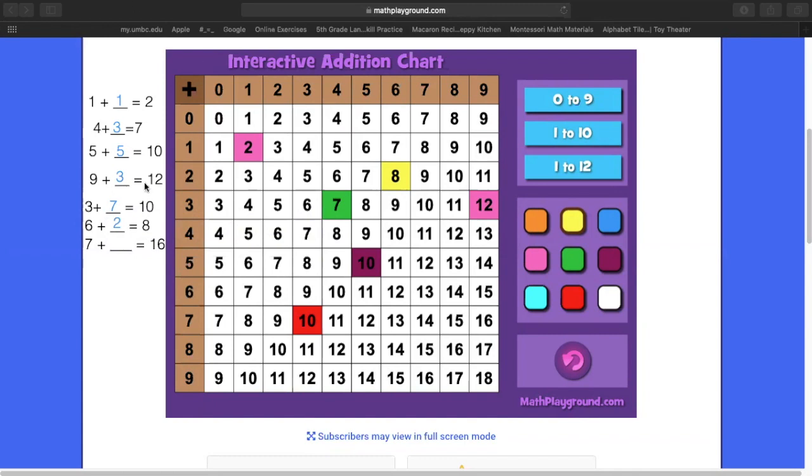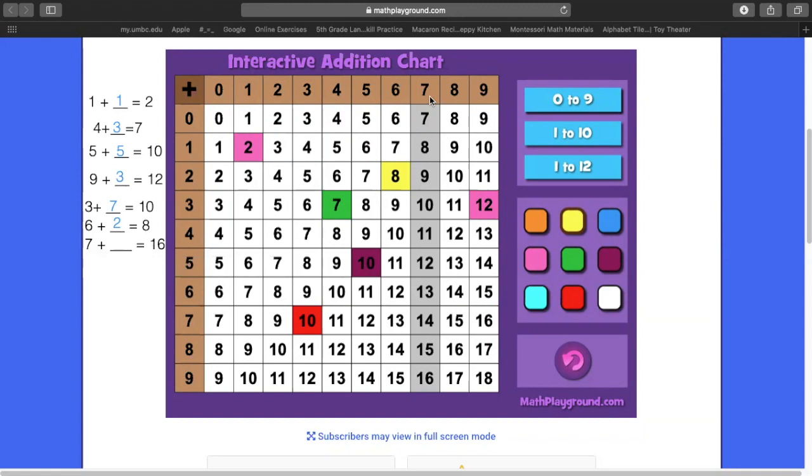All right, go ahead and try this last one. 7 plus something equals 16. Wow. Wonder how far down we have to go. Let's see. Finley, would you like to help me with this one? Start at the 7. 7 plus something equals 16.